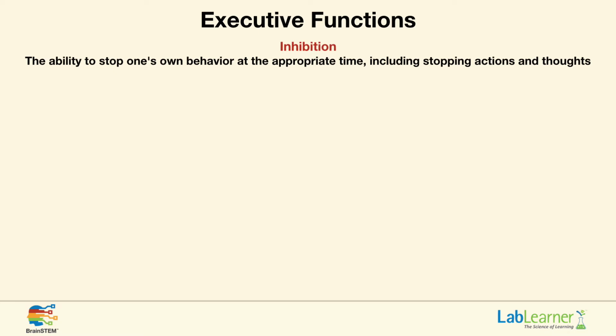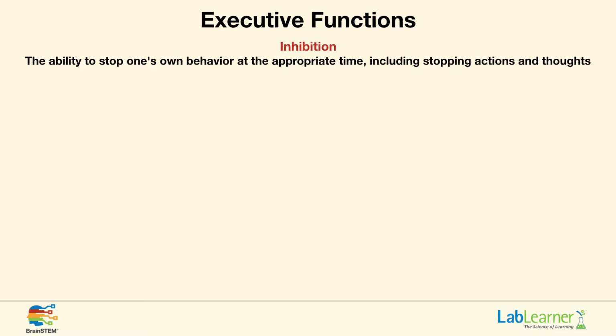Now, again, these are characteristics of executive functions, and these characteristics can actually be studied, and the location in the brain which various components of executive function take can actually be visualized in many cases by using paradigms that require their use while patients or subjects are in an fMRI situation. So inhibition is the ability to stop one's own behavior at an appropriate time, and that would include stopping both your actions and your thoughts.